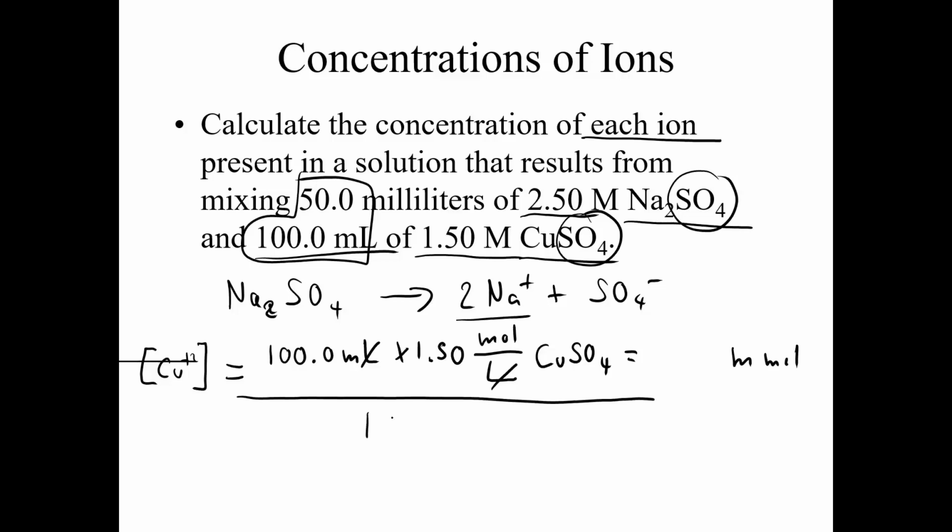So if I divide that by 150 milliliters, I don't even have to worry about millimoles, right? In that case, my milliliter simply cancels. And if this is capital M, then that is just fine. So this will give me an answer of 1.00 M copper, right? That's the concentration of copper.